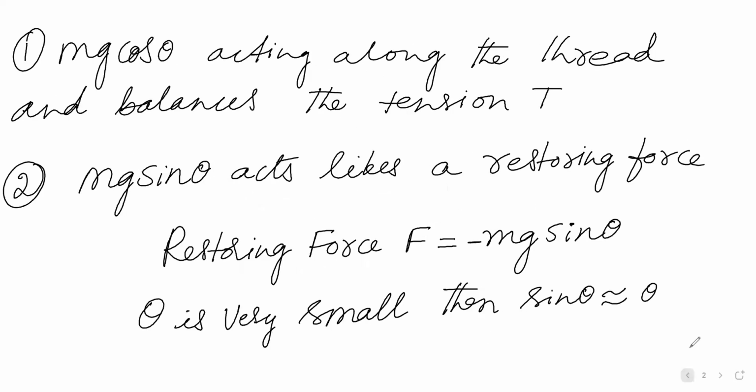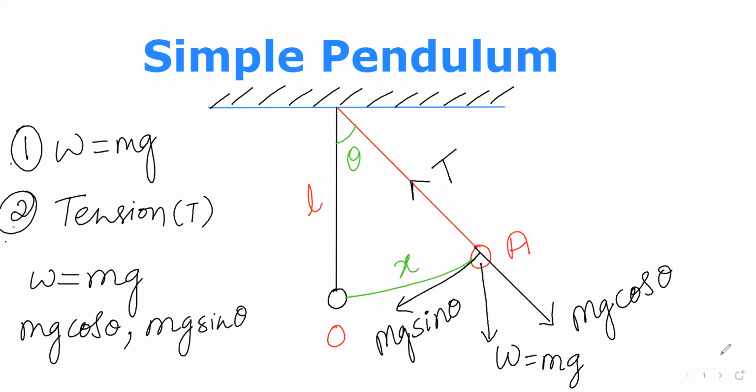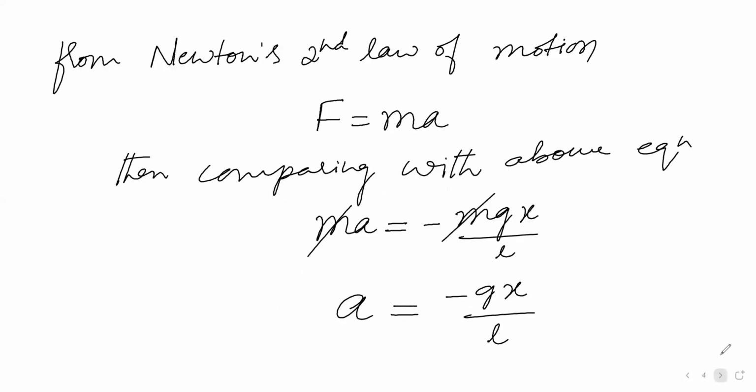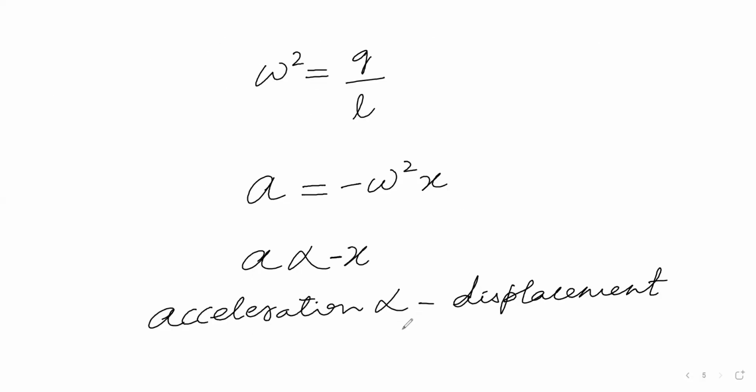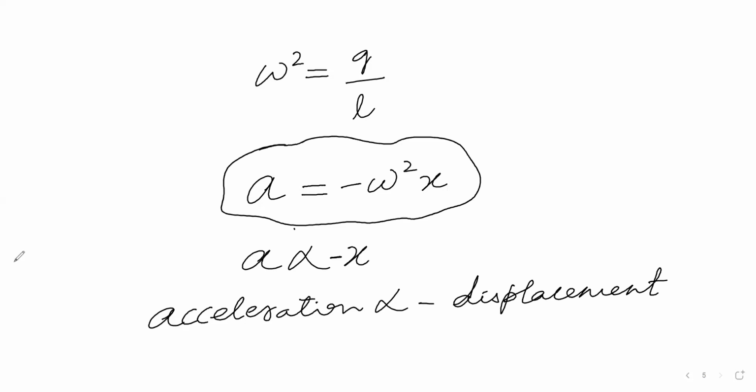If there is more displacement from the mean position, then the pendulum body will come back with more acceleration. So this is the final expression for simple harmonic motion of a body or simple pendulum.